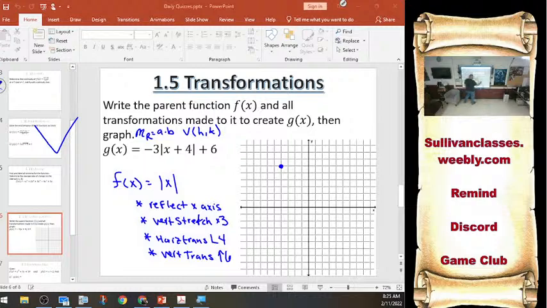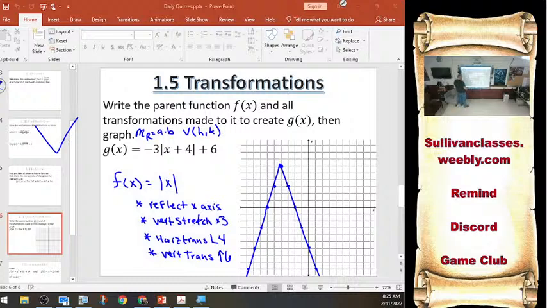Slope on the right-hand side is down 3 over 1. And I reflect it across that axis of symmetry. Connect the dots.